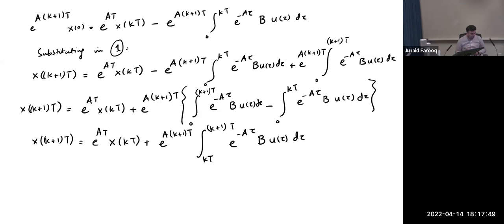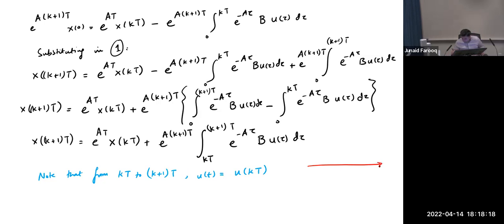Now there's the interesting thing. Note that from kT to (k plus 1) capital T, u of t equals u of kT. To understand this, if you look at the time axis, there's kT and then there's (k plus 1)T.